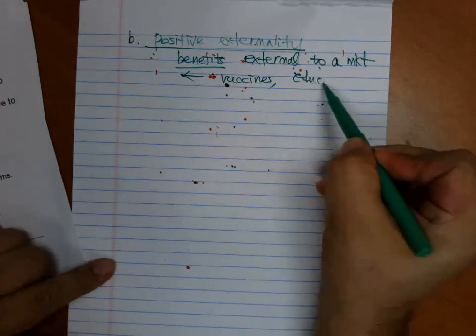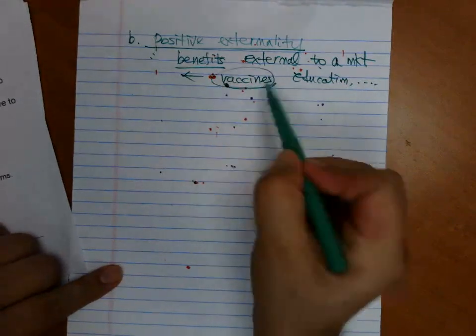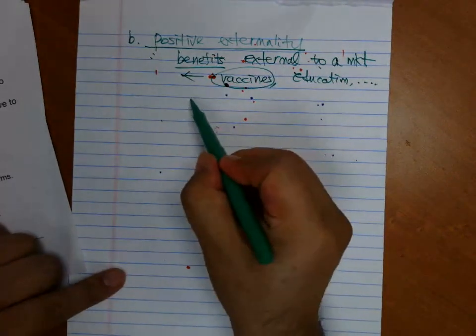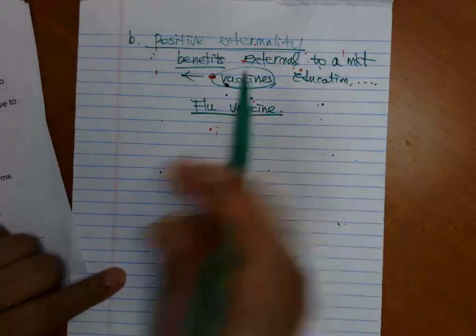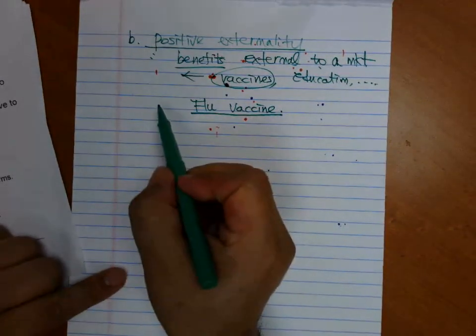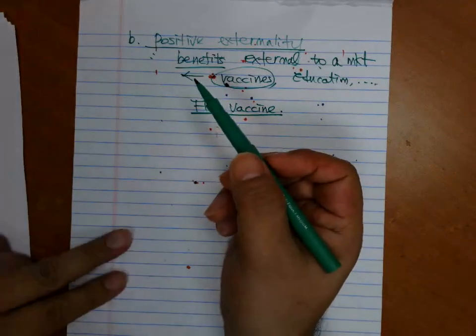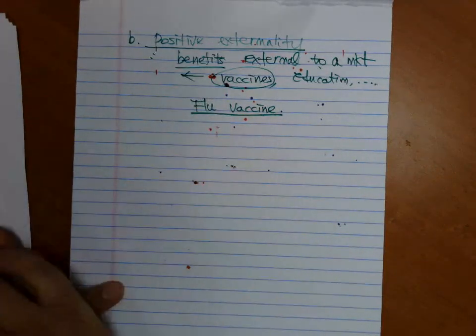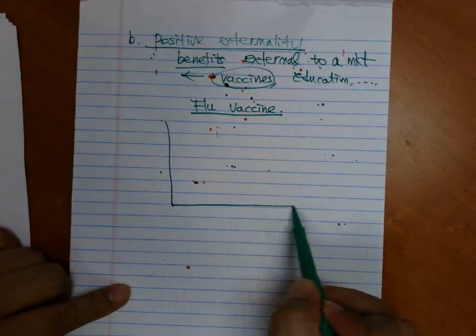Every fall, the people go and get the flu vaccine at $25. Or if they have insurance, they get the flu vaccine for free. So this is price of flu vaccine, this is quantity of flu vaccine, there is a demand and there is supply of vaccine. So this is the market for flu vaccine.